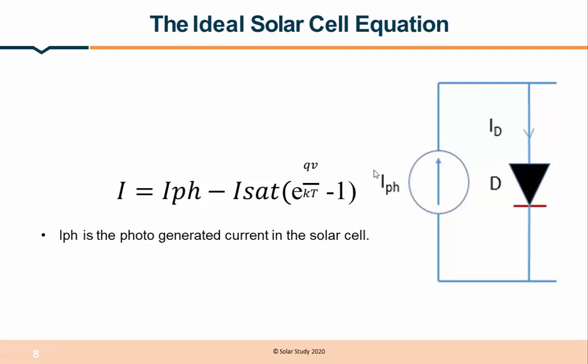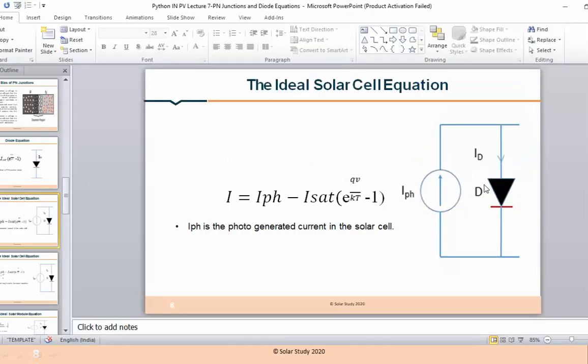That is called IPH. So if I use KCL, Kirchhoff's current law, we will get this type of equation: the current coming from this node is the current entering the node minus the current leaving the node. I will tell you how we can do this equation.